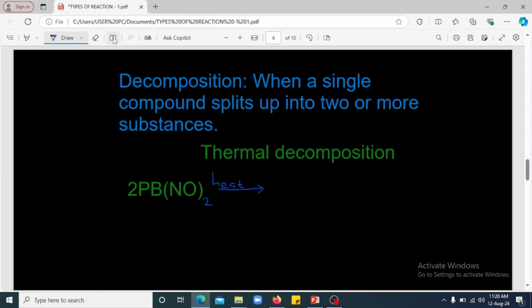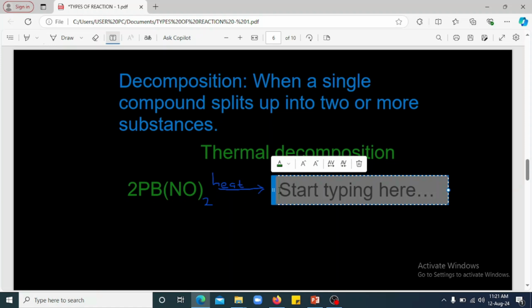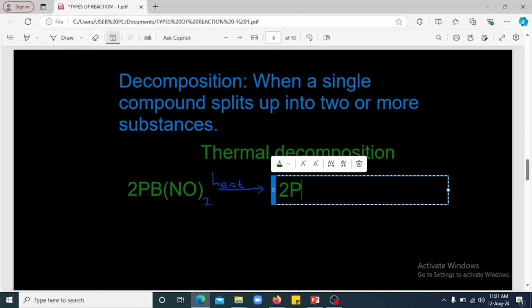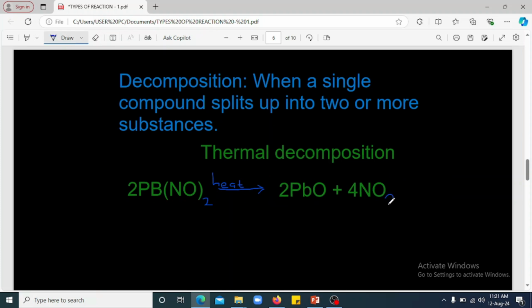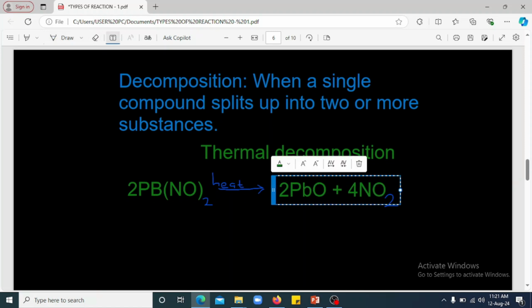So what will it give us as the product? So it's going to be lead oxide plus 4 NO2, plus oxygen.